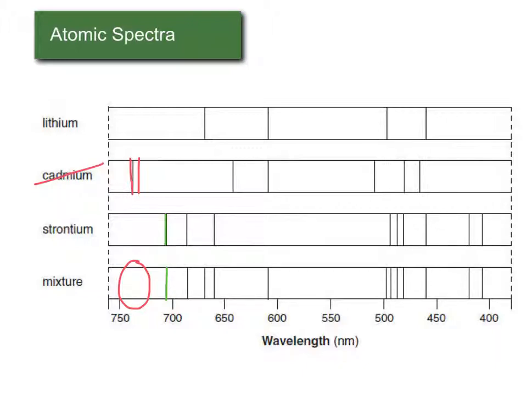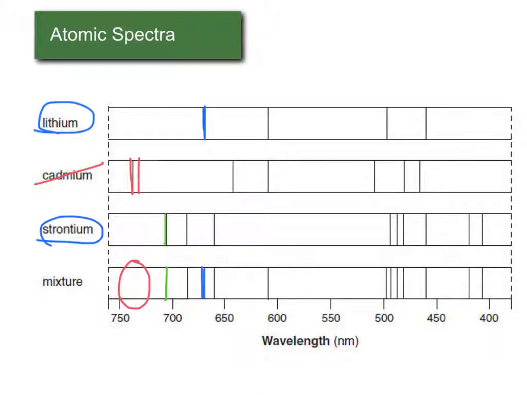There are additional lines that aren't in strontium though, so something has to account for this line, for example, right? Because that line is not present in strontium, it's not present in cadmium, but it is present in lithium. Okay, so from the 3 individual spectra of lithium, cadmium, and strontium, we can look at a mixture spectrum and tell that it is a mixture of strontium and lithium.